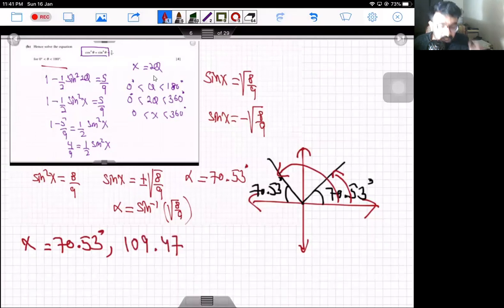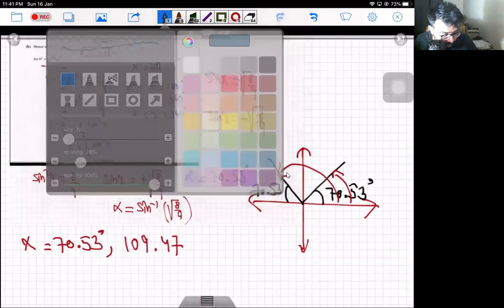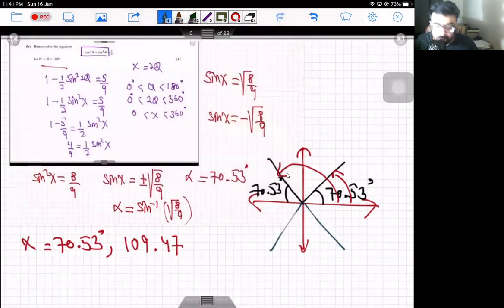And then we are considering the negative value of sine x. Since sine x is positive in the first and second quadrants, this means that sine x is negative in the third quadrant and fourth quadrant. So in the third and fourth quadrants we are going to make the slant lines, and this basic angle alpha always lies between the slant line and the horizontal axis. So 70.53 over here and 70.53 over here.